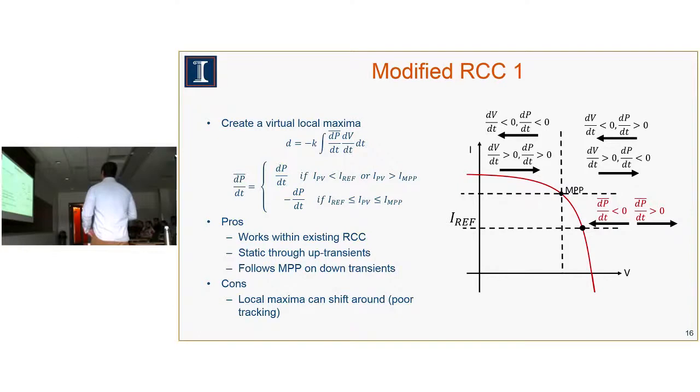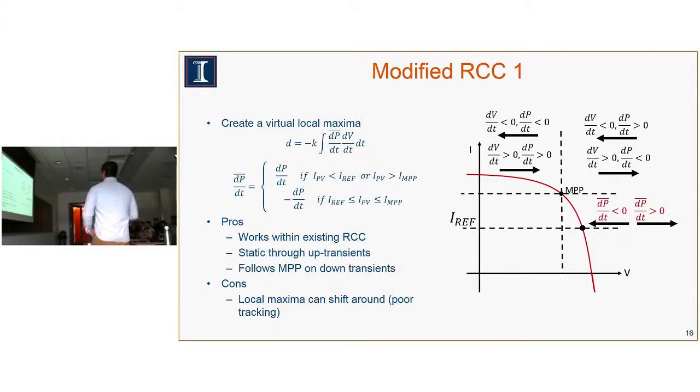So in this region, this region, and this region, you have regular ripple correlation control, and then in this region, between IREF and the maximum power point, you just flip the sign of the power derivative, and that makes this point the region of attraction and not the maximum power point. So before, as you're moving this way from here to here, you'd have a positive derivative, but when you flip it, then you'd move back. So you have positive, negative, or positive, positive, and then this would be negative, and this would be negative.